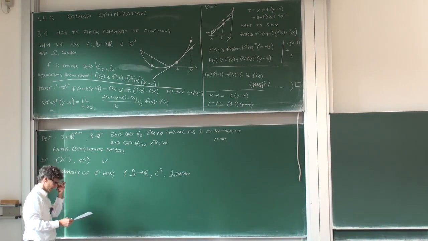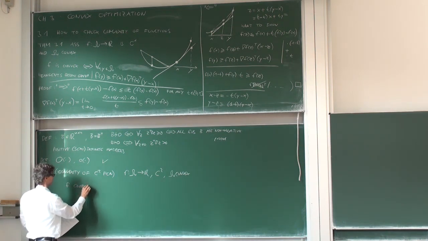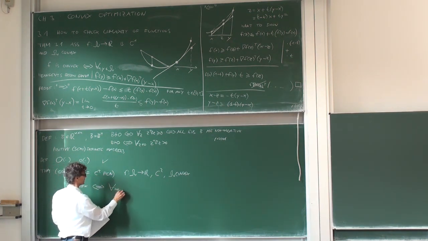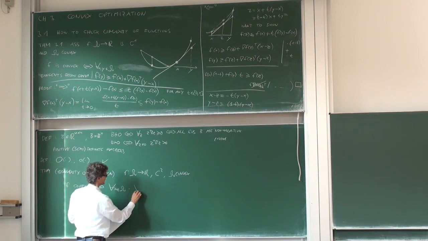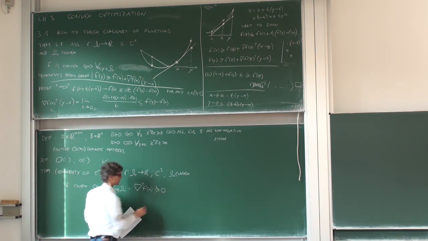With these assumptions, f is a convex function if and only if for all points in this domain omega, the Hessian matrix, the second derivative of f at all these points, is a positive semi-definite matrix.